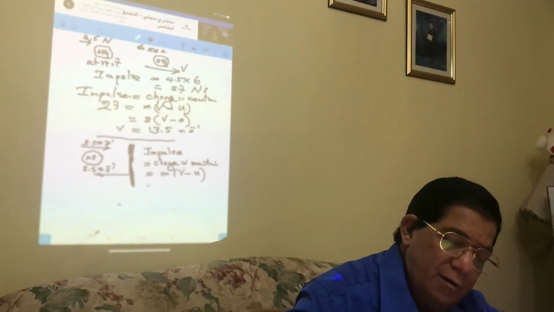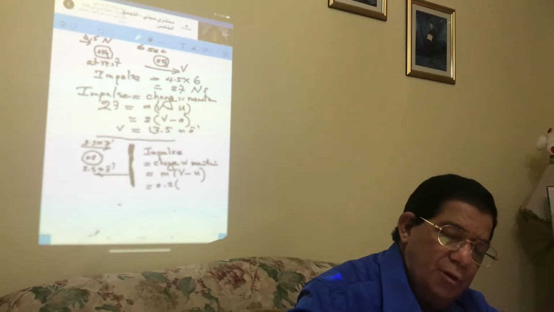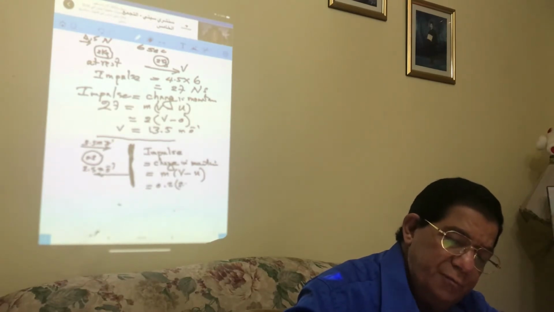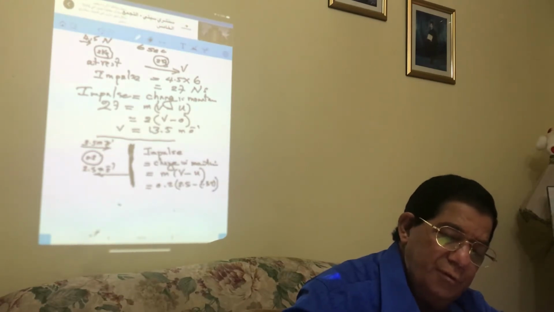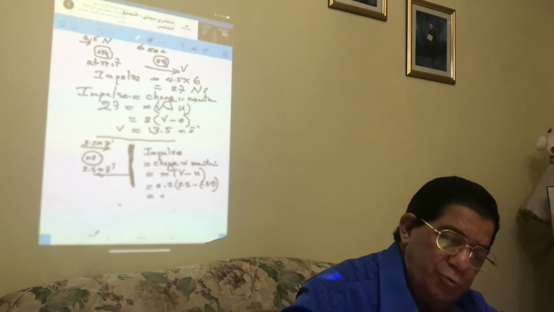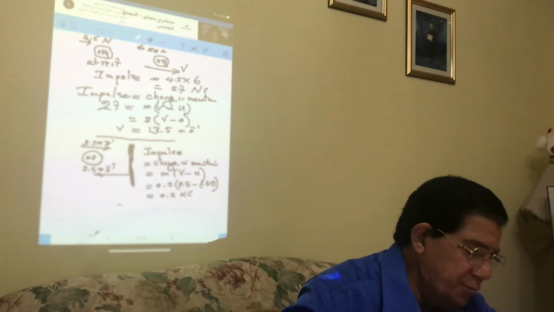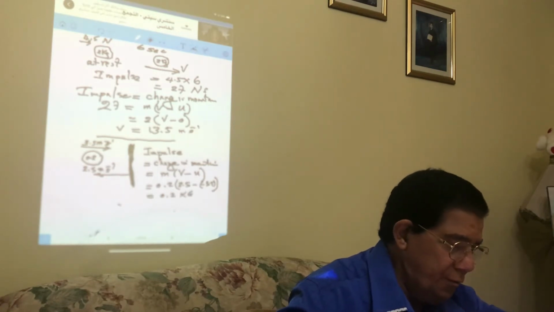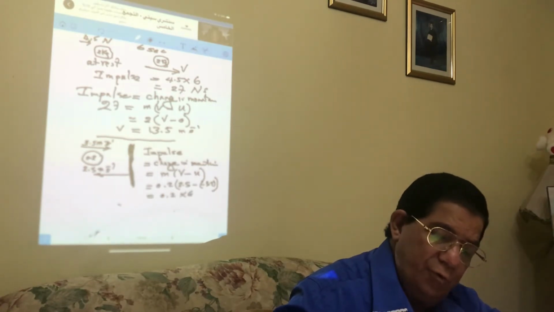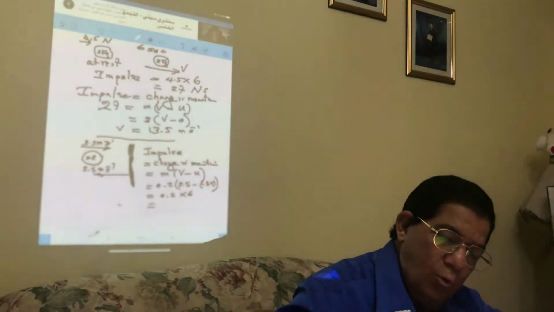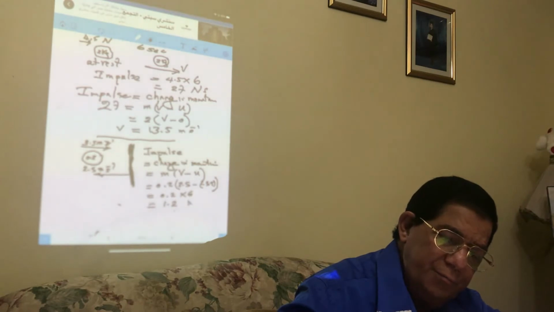Equals the mass 0.2 times 2.5 minus 3.5. Therefore 0.2 times 6. Therefore this is equal to 1.2 Newton second.